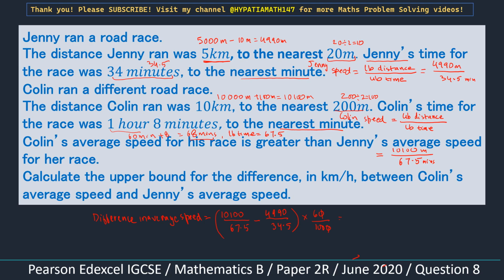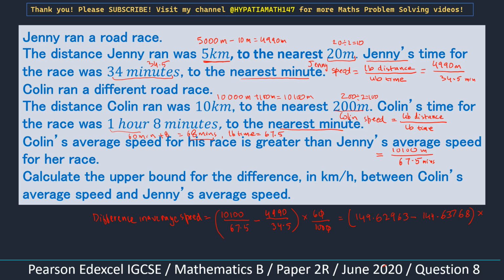So I will get, within brackets, 149.62963 minus 4990 divided by 34.5. So that is 144.63768, right?